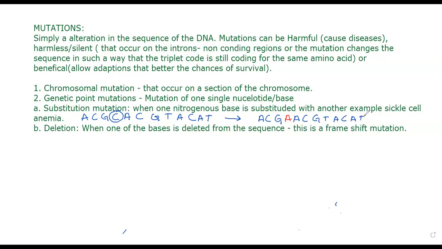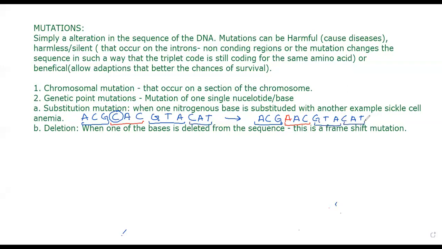So what has actually happened? The first triplet code is the same. The second triplet code has changed. The third triplet code is also the same. The fourth triplet code is the same.